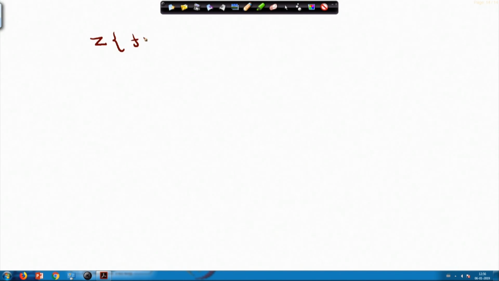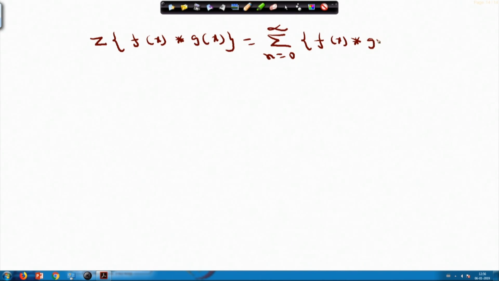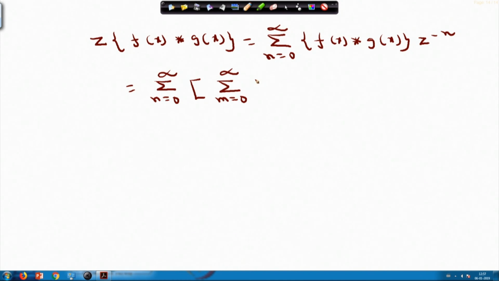Z transform of f n star g n, from the definition, equals summation n equals 0 to infinity of f n star g n into z to the power minus n. This equals summation n equals 0 to infinity, substituting the convolution definition, summation m equals 0 to infinity f of n minus m into g of m into z to the power minus n.